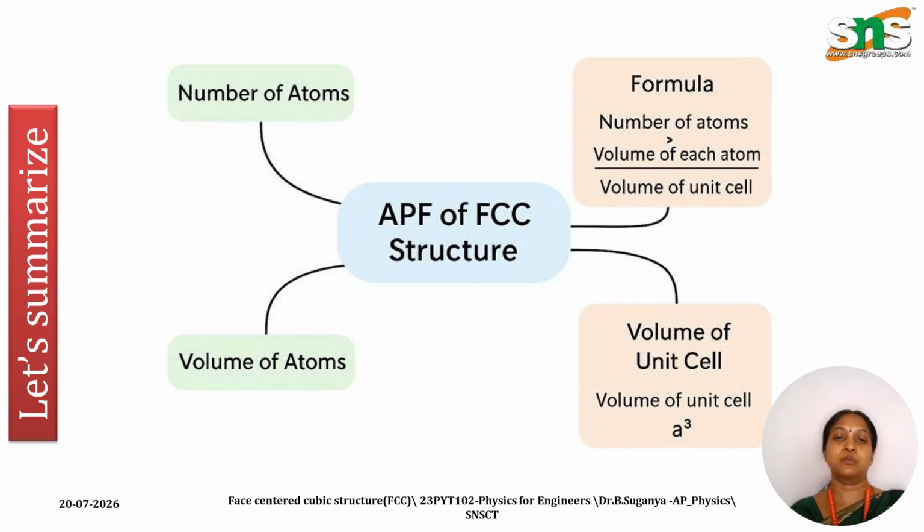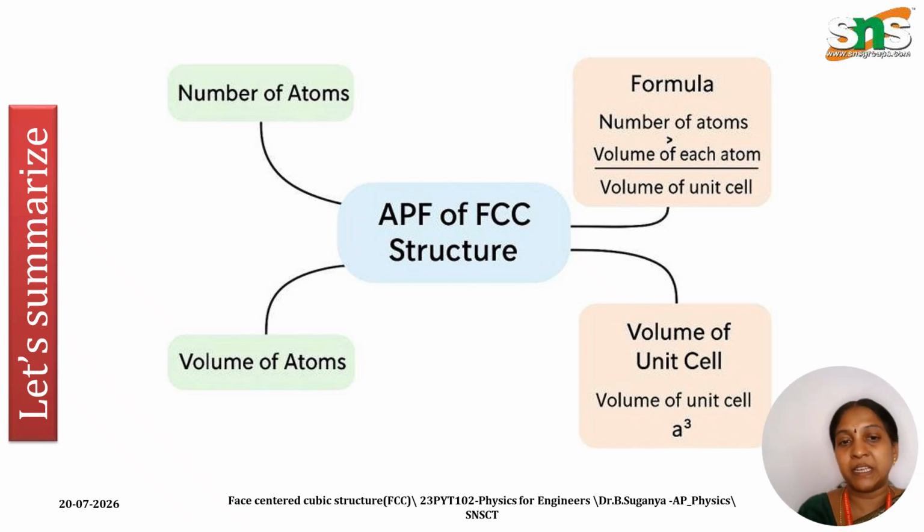Let's summarize. What is FCC and what are its parameters, we discussed all that. The number of atoms present in the unit cell is four. The radius is half the distance between two nearest neighbor atoms.